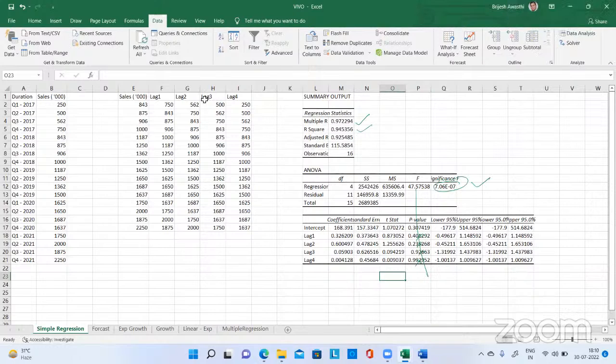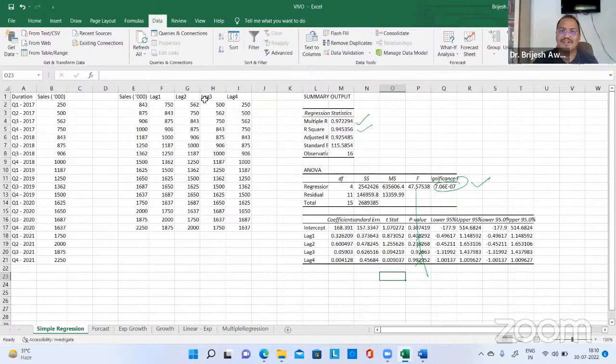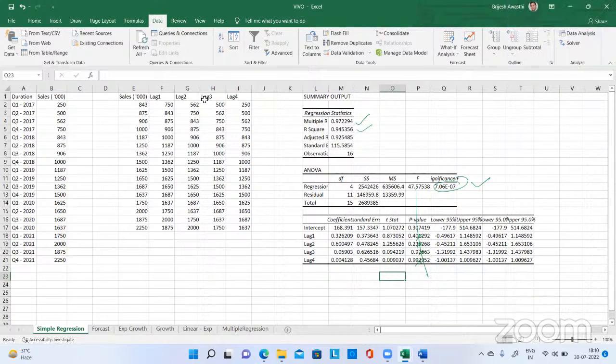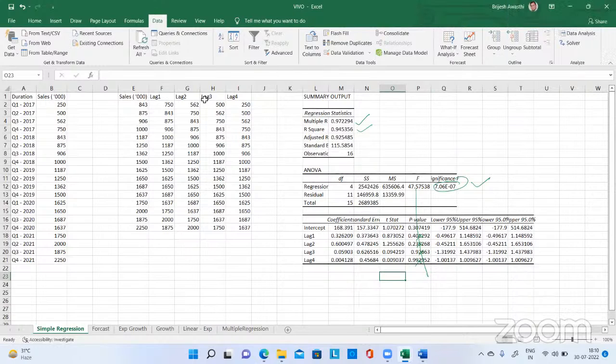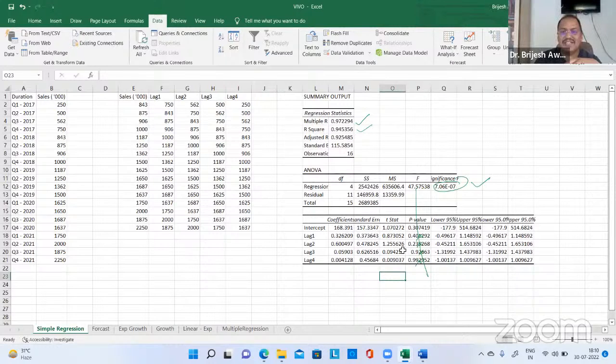On the basis of this auto regression model, we cannot do forecast, because each and every p value is not significant.